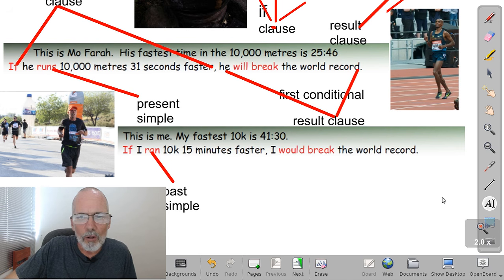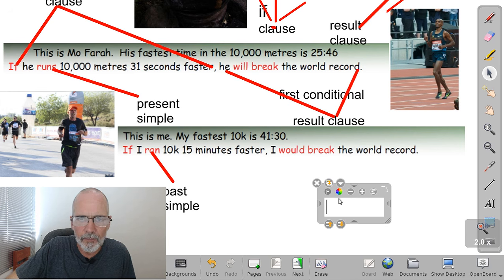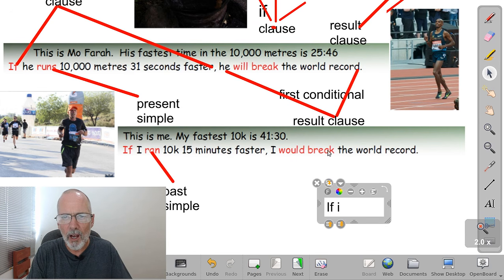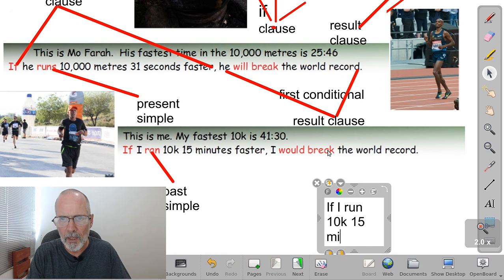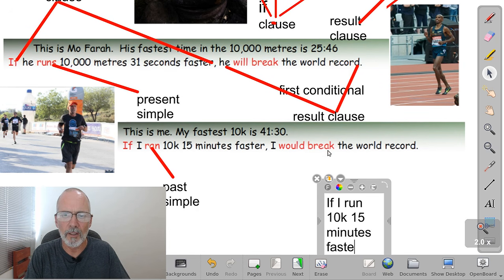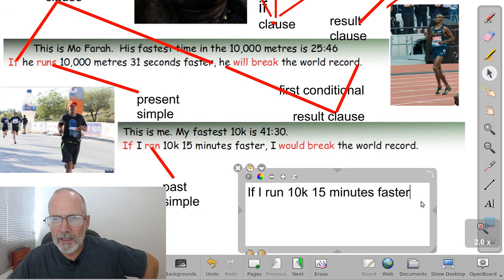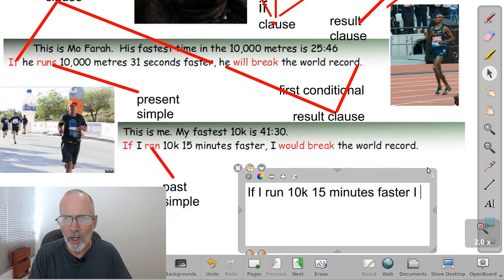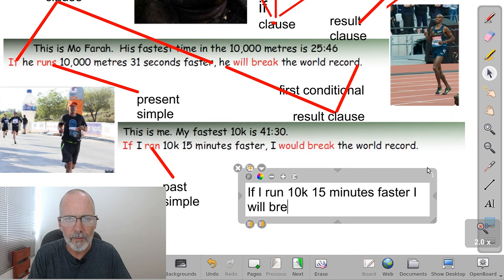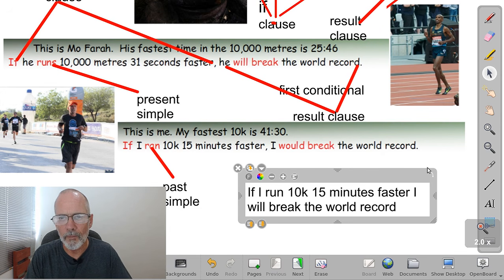Why is it wrong for me to say, if I write it like I did with Mo Farah, if I run 10k 15 minutes faster, using the same tenses that I used before, I will break the world record.